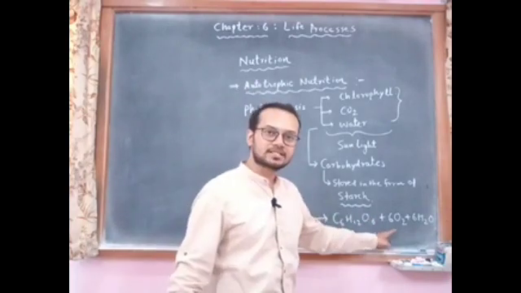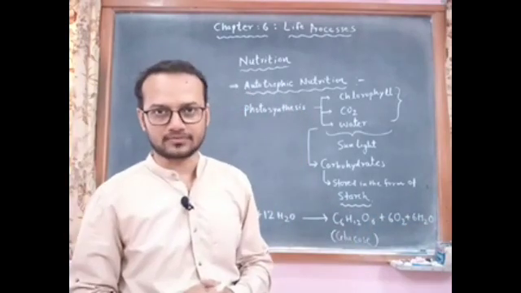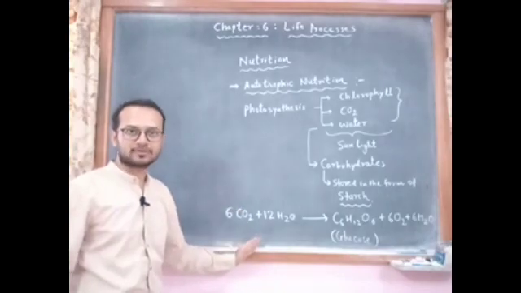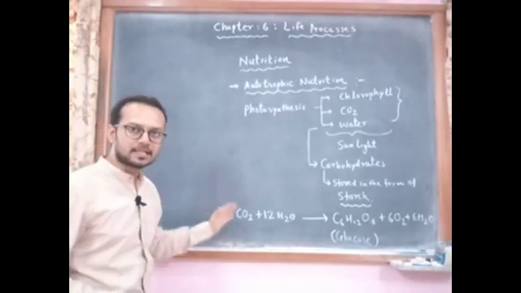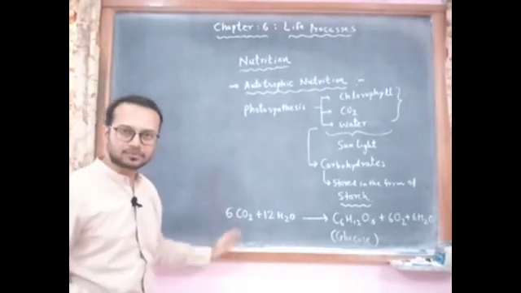Other substances like oxygen and water molecules are released in the atmosphere. So this is the whole equation of photosynthesis which is performed by plants, or we can say autotrophs. This is, in detail, autotrophic nutrition, or the photosynthesis process.